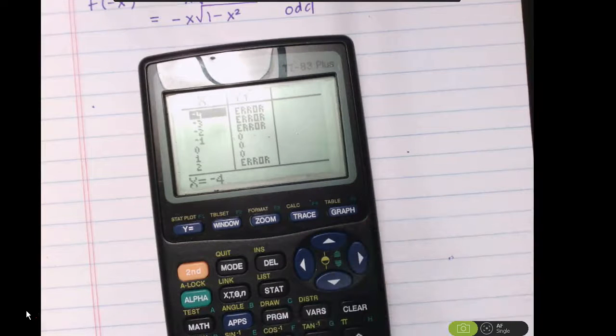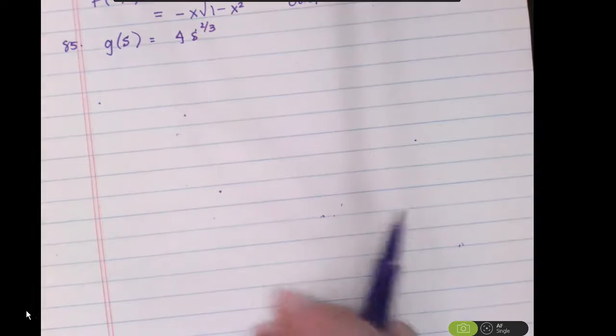Alright, let's try another one of those, number 85. And let's see our function here, g of s equals 4s to the 2/3. Oh boy. Alright, so let's do a g of negative s.